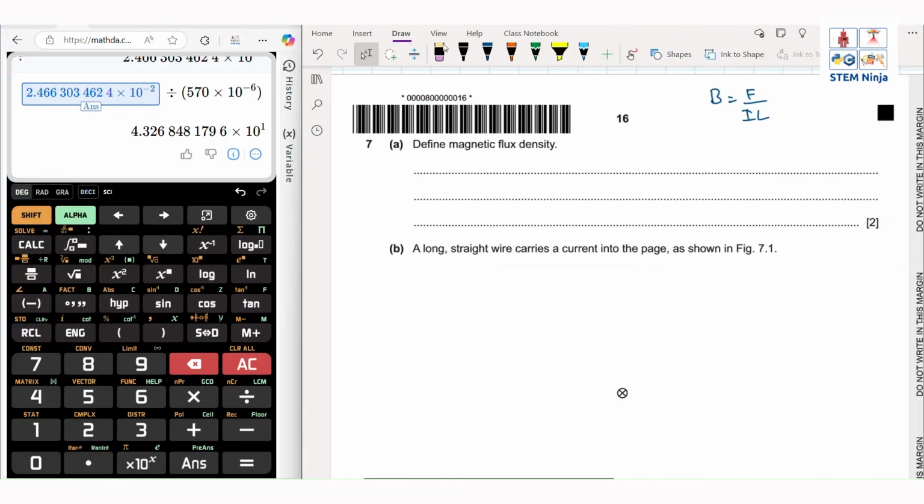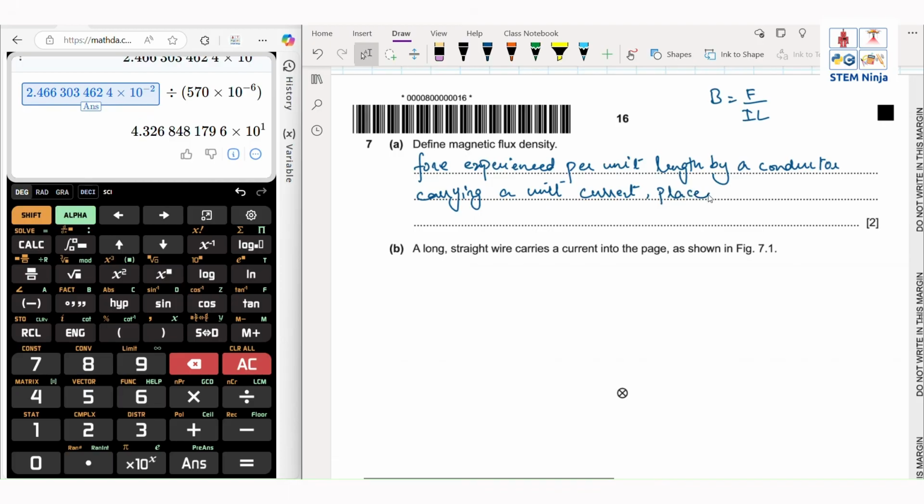Force experienced per unit length by a conductor carrying a unit current placed perpendicular to magnetic field.